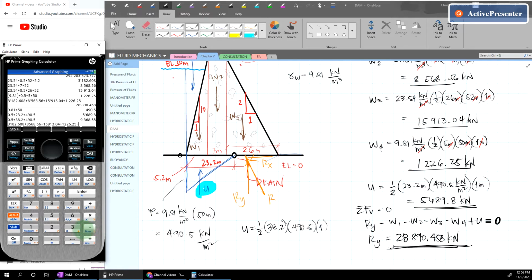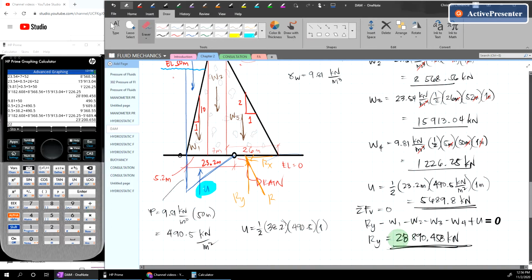So, ima-minus ko ngayon yung uplift force na 5,689.8. Yan. So, yung Ry is, so, mababawasan to. So, magiging 23,200.658 kilonewton.